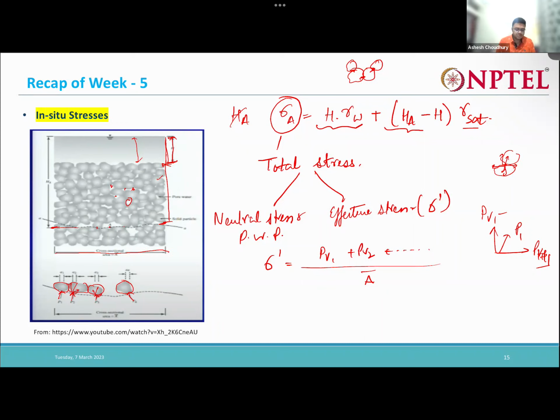Okay. So this is the actual stress that is being taken by the soil grains. The other part is taken by the water, and the stress which is being carried by the soil grains, this is the effective stress.